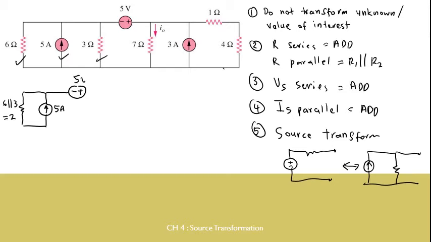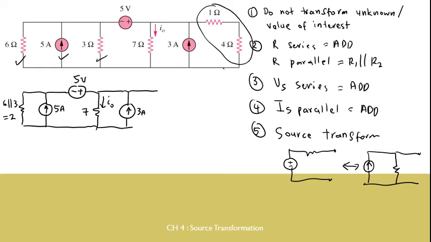This is 5 volt, and then you have 7 ohms, but because this 7 ohms has I naught, the value of interest, you will not touch this. And then you will have the 3 amps here, and the resistor here, they are in series, so you can combine, which is add them. So 1 plus 4 is equal to 5 ohms here.